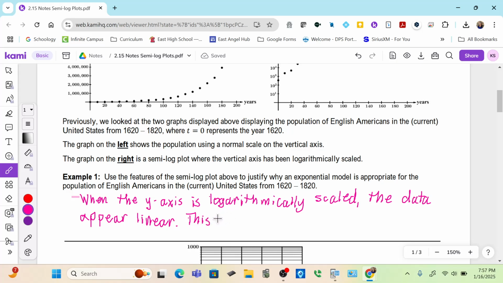This means an exponential model is appropriate. So when a semi-log plot appears to be plotting points in a linear fashion, an exponential model for the points is appropriate.